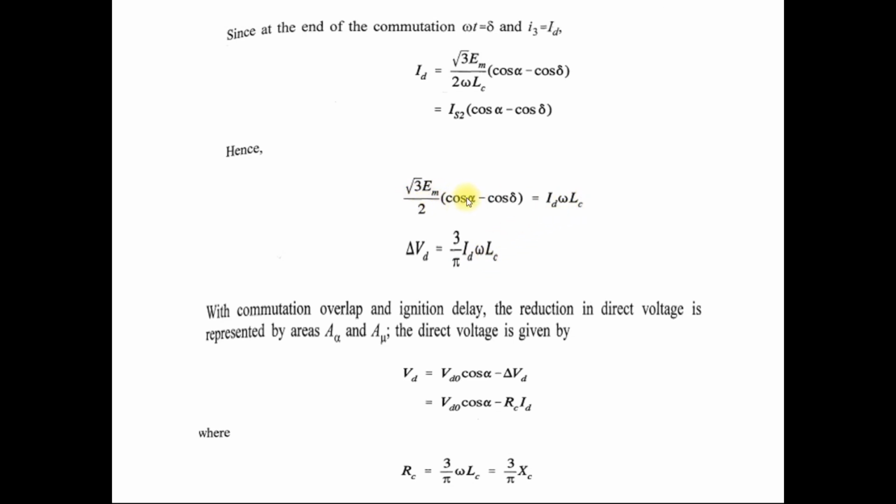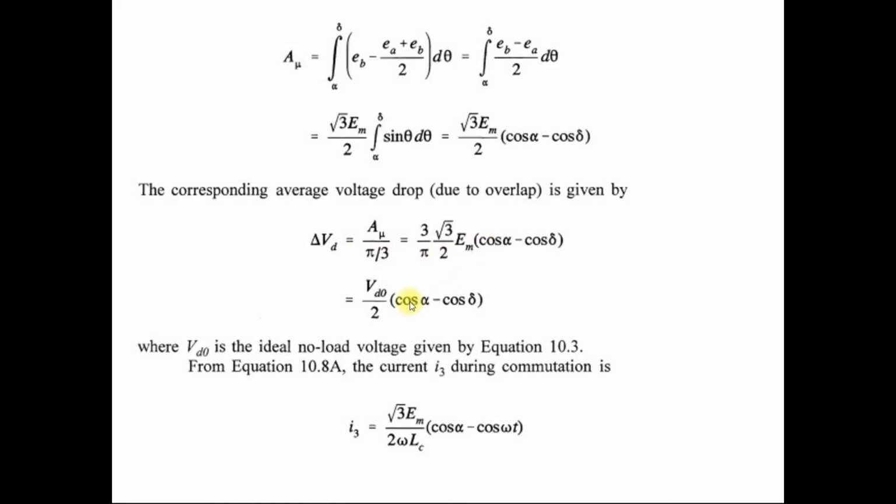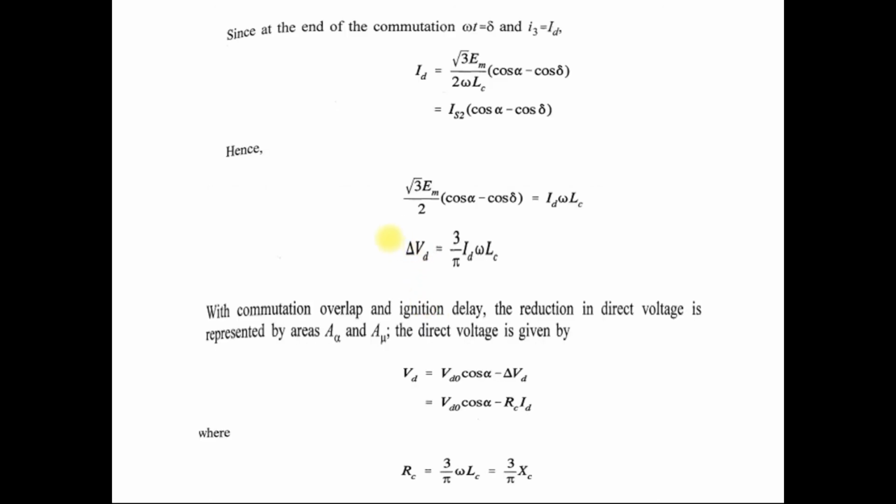Clear? So you can write delta Vd as these equations, or you can also write these equations. When we calculate the example based on the given data, you can use any equation. You will understand how to use the equation during the examples. We will calculate the example in the next lecture. So this delta Vd becomes 3 by pi ID omega LC.